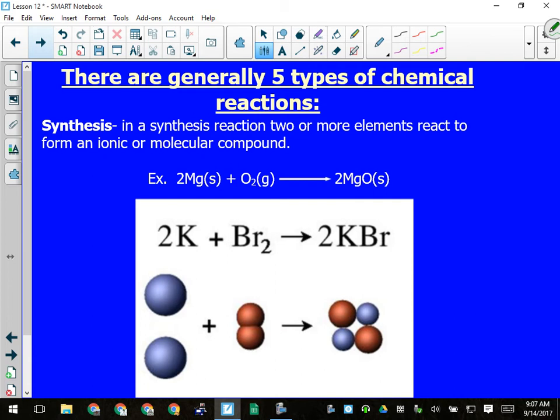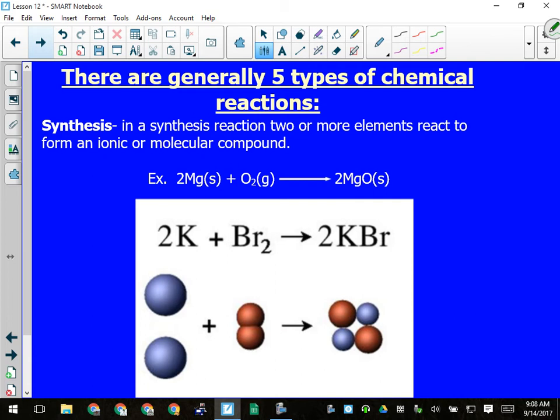So what we see here is we have 2 magnesium atoms reacting with 1 oxygen molecule to form 2 molecules of magnesium oxide. Is that equation balanced?